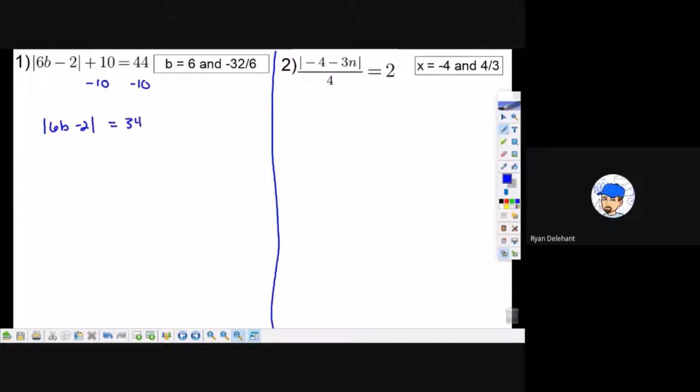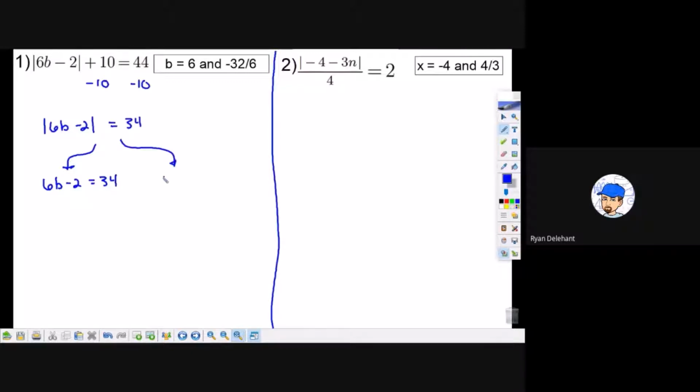Now that the absolute value is isolated, remember the stuff inside the absolute value can be either the positive or negative of that answer. So this is where we split this into two equations and we say 6b minus 2 can give me a positive 34, and that'll be a true statement.